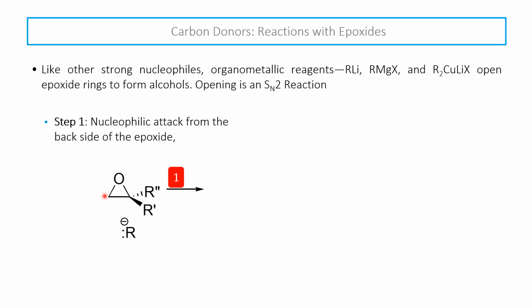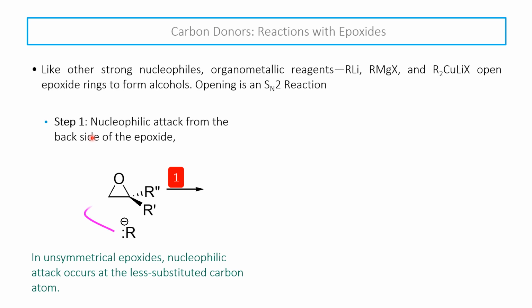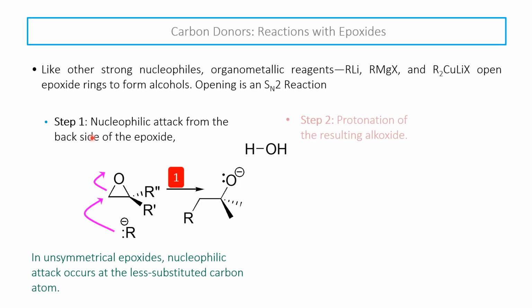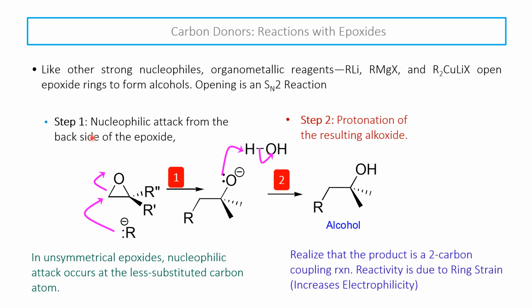And so the reaction will occur by simply attacking that center to realize this alkoxide, which we can then protonate to give us our product. This is a 2-carbon coupling, and the reactivity of the epoxide is due to ring strain, which increases the electrophilicity of that species.